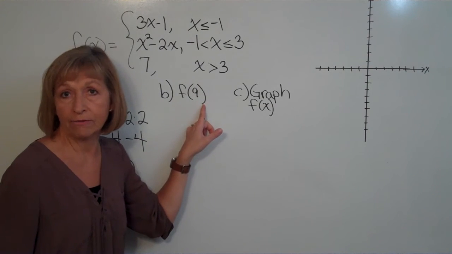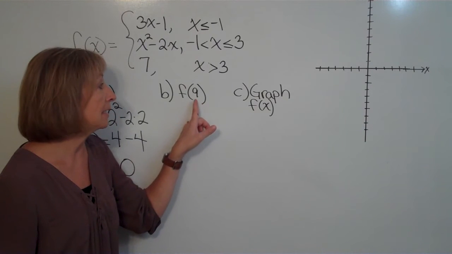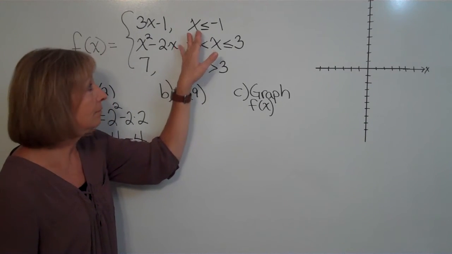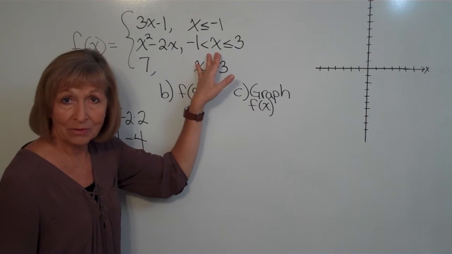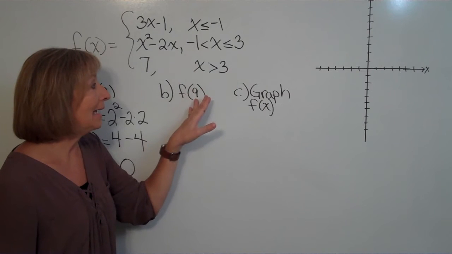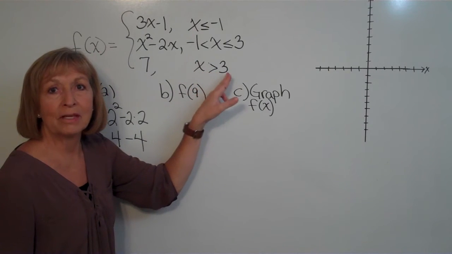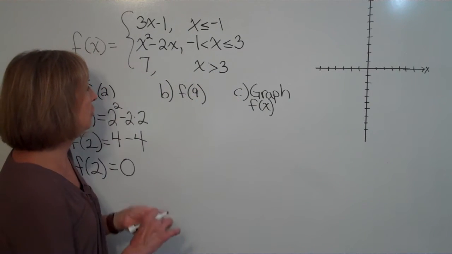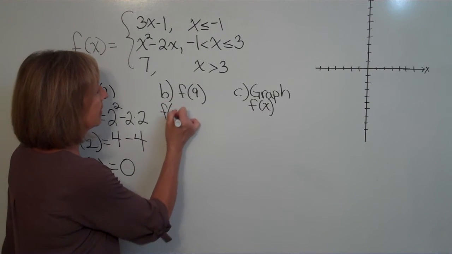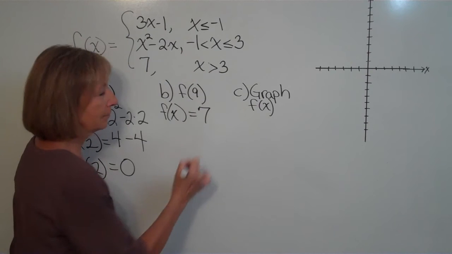Well, here it's asking you to find the function value when your input is 9. Well, 9 is not less than or equal to negative 1. 9 is not a number that's bigger than negative 1 but less than or equal to 3. 9 is a number that's bigger than 3. So the rule I should use for this one is that my f of x is equal to 7.